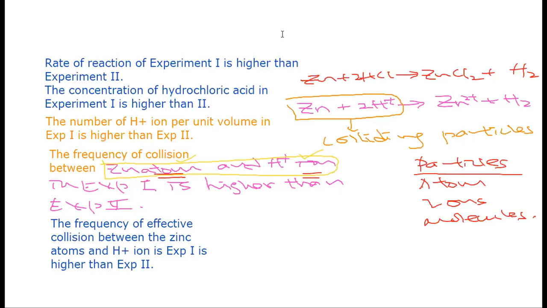Okay? Now, as conclusion, when we are writing the collision theory, your steps to write will be always follow number 1, the factor.